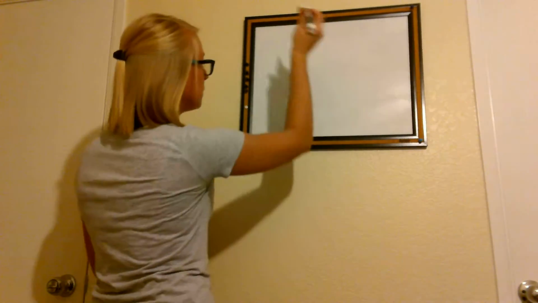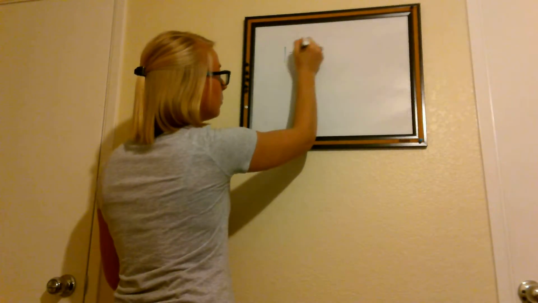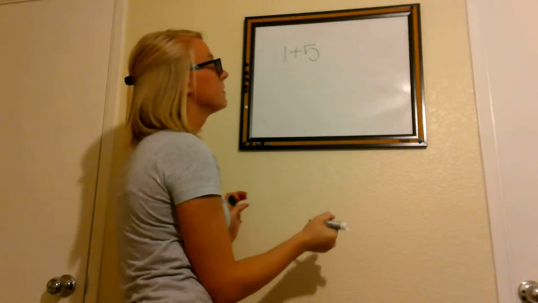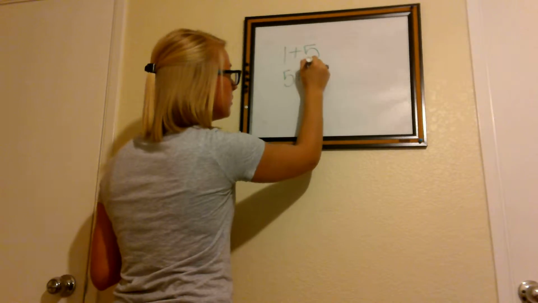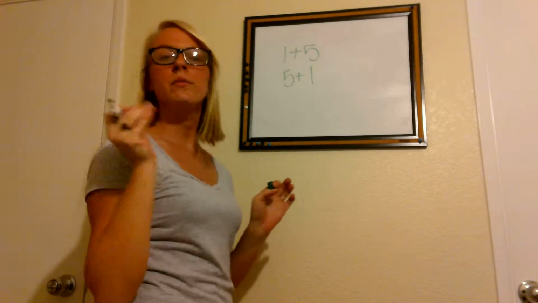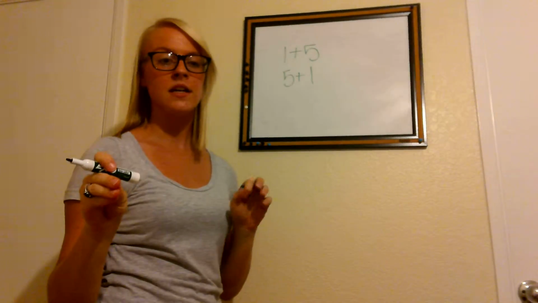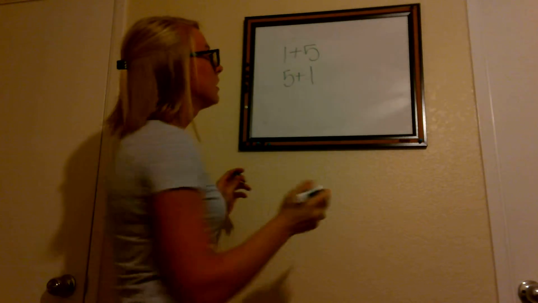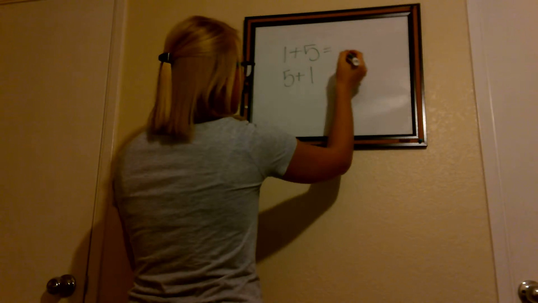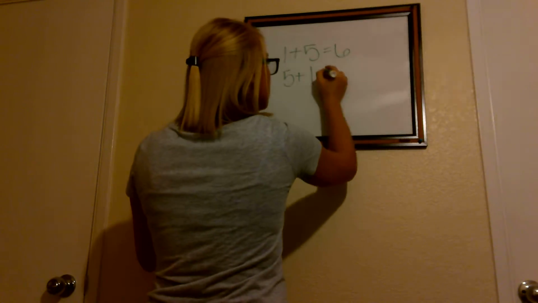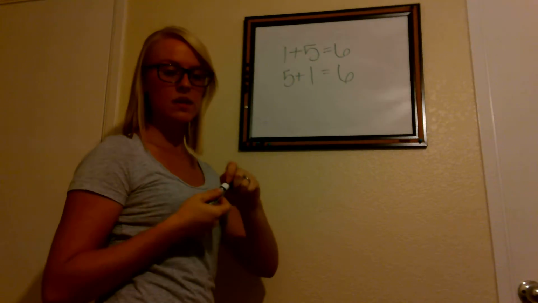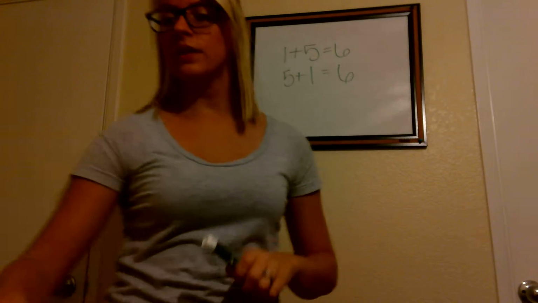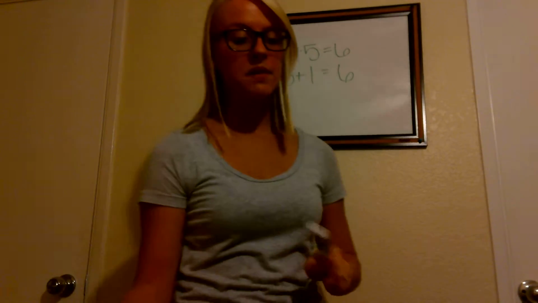So I can do it one way, would be 1 plus 5. And then the other way would be 5 plus 1. And then once you have written the two ways to write it in the commutative property, you are going to add them up. Just like that. So then we're going to do this with the commutative property for about 10 minutes.